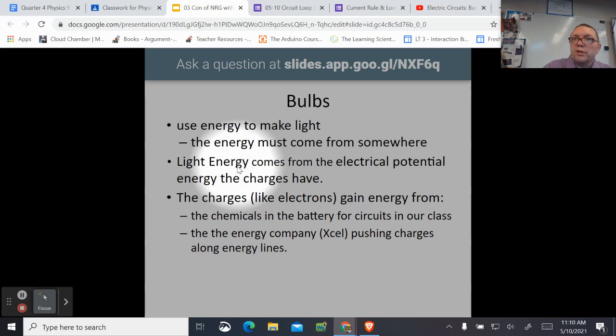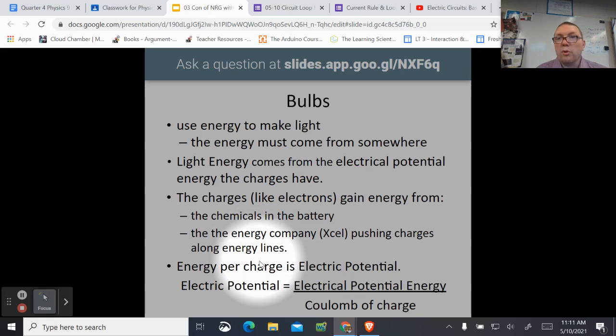You'll notice a change in temperature of your phone, or of whatever device you're using that has a current running through it. So in those cases with a battery, we're talking about chemical energy becoming electric potential, or electrical energy per charge. Electric potential is energy per charge. And then that can become light energy or thermal energy with temperature changes, or it can become some other sort of mechanical energy, like a motor spinning, things like that.